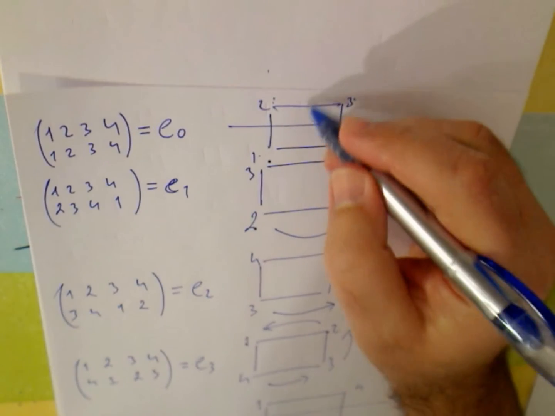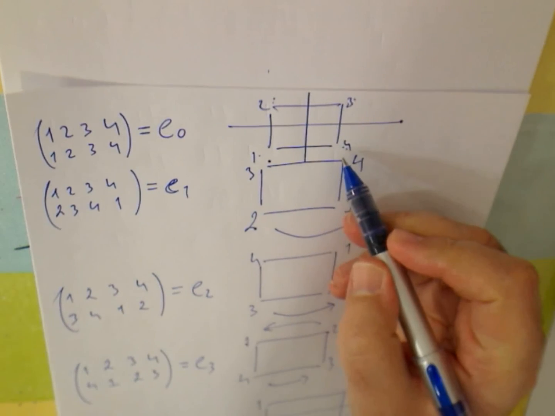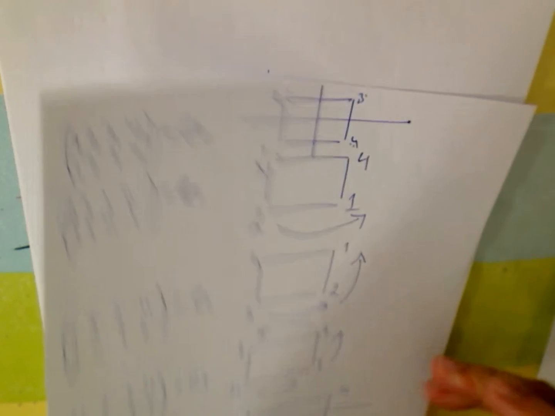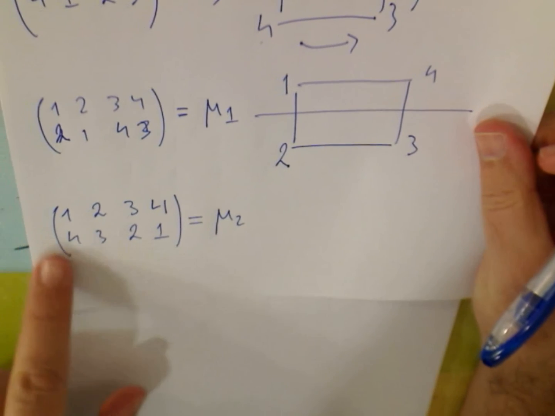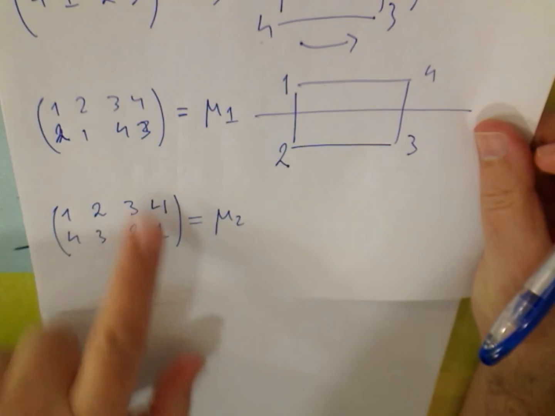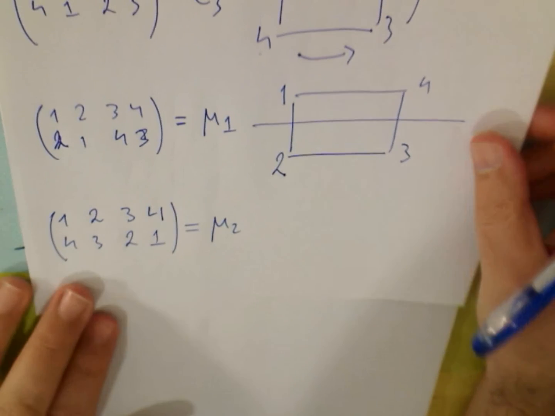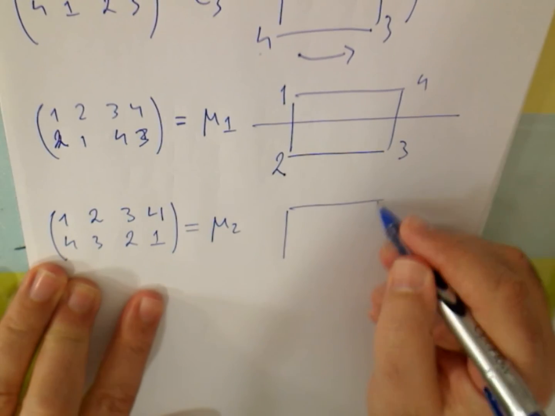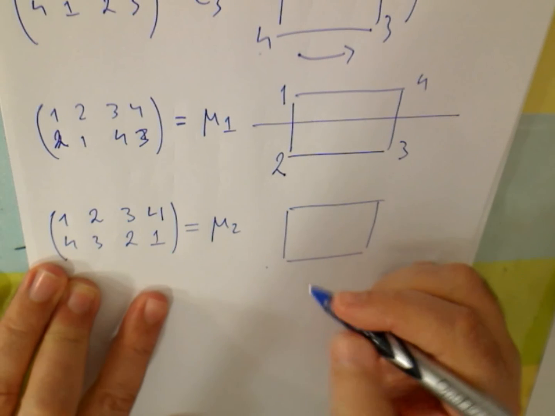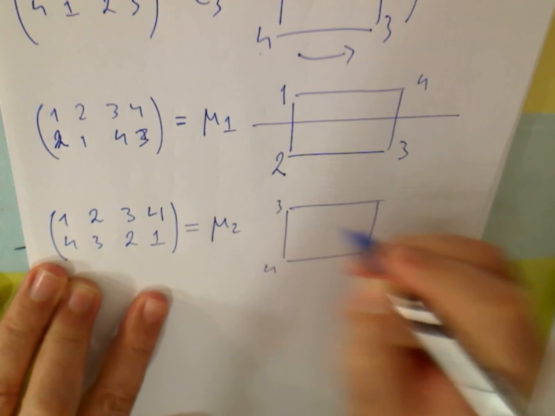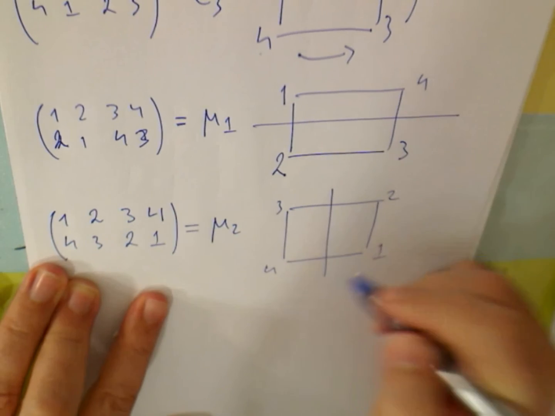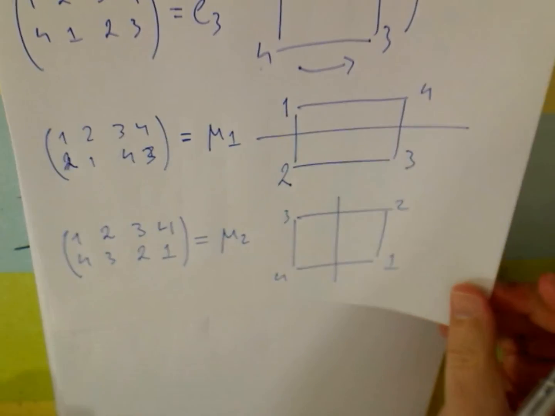Obviously 4 exchanges with 1 and 3 exchanges with 2. 1 to 4, 4 to 1, 2 to 3, 3 to 2. So 4, 3, 2, 1, and this is the mirror where they switch 1 and 4.